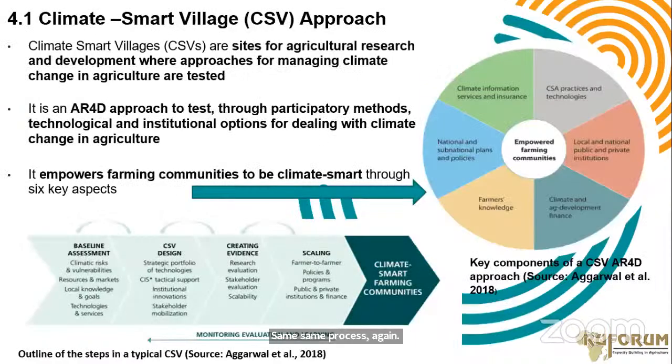So having seen that, I want us to move to one of the approaches used in rolling out the climate smart agriculture practices, and one of them is the climate smart village approach. Probably some of you have engaged in this without necessarily calling it this, but it may take different forms.